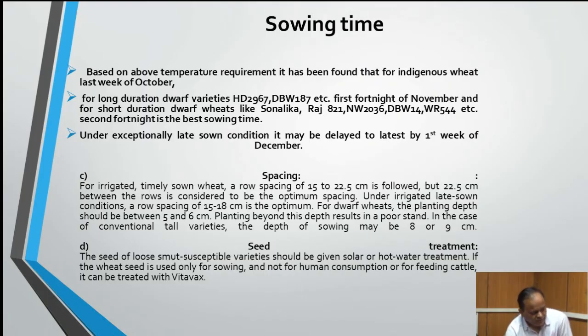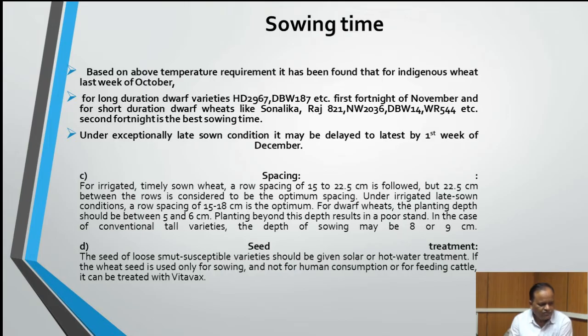Now the sowing time, based on the temperature requirement. For the indigenous wheat crop, that is Triticum vulgare, the last week of October is the best time for sowing.